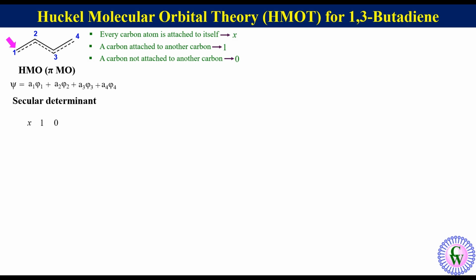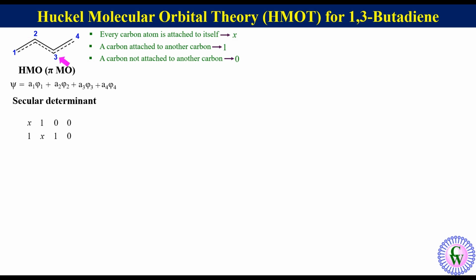C1 is not attached to C4, so put 0. Now consider C2. Since C2 is attached to C1, put 1 here. C2 is attached to itself, so put X here. C2 is also attached to C3, so put 1 here. C2 is not attached to C4, so put 0 here.